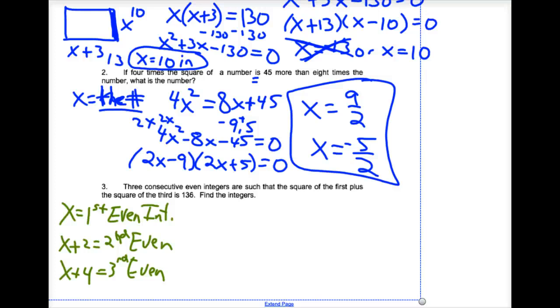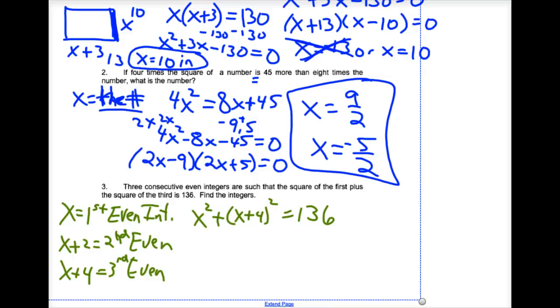Is it x squared plus the quantity x plus 4, quantity squared, equals 136? Equals 136. The square of the first, x squared, plus the square of the third, x plus 4, quantity squared, equals 136. Now, who can square x plus 4?